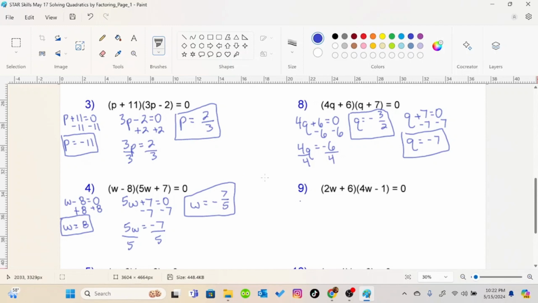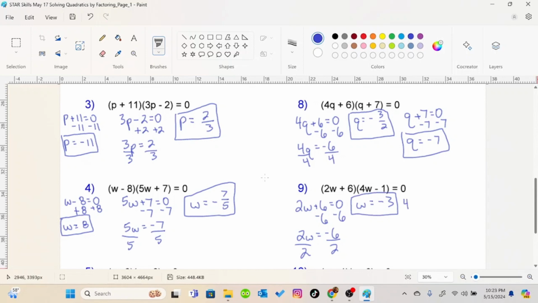Number 9. We set the first factor equal to 0. 2w plus 6 equals 0. We subtract 6 from both sides, and we get 2w equals negative 6. Divide both sides by 2, and we get our first answer, w equals negative 3, because negative 6 divided by 2 is negative 3.